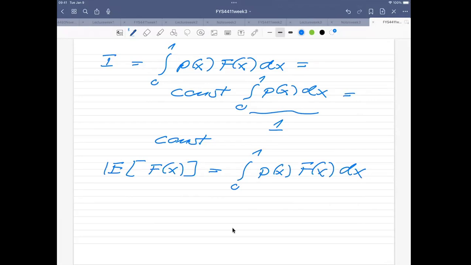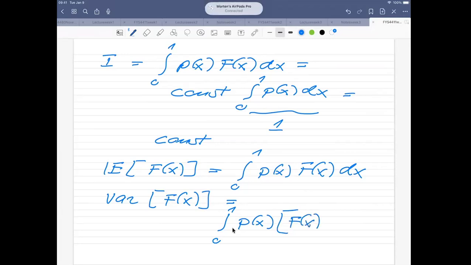But what becomes more interesting is that if I calculate the variance of this quantity F of x, this is nothing but the integral from 0 to 1 of the probability p of x, and then I have the function F of x minus the expectation value of F, which is squared and multiplied with d of x.